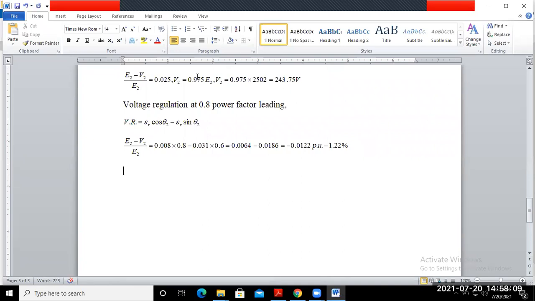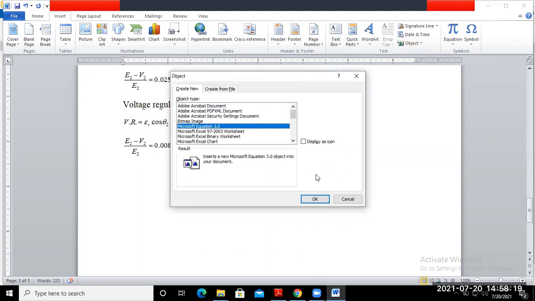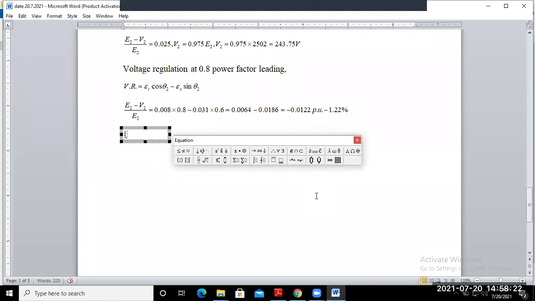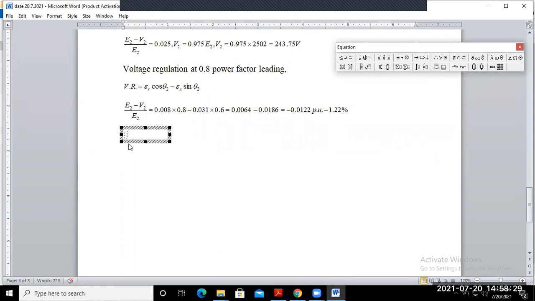So E2 minus V2 equal to minus 0.0122 E2.